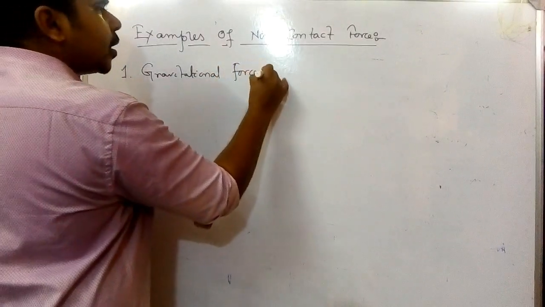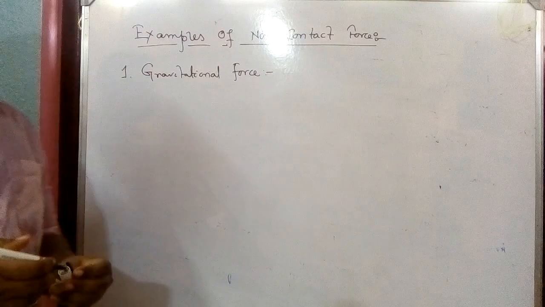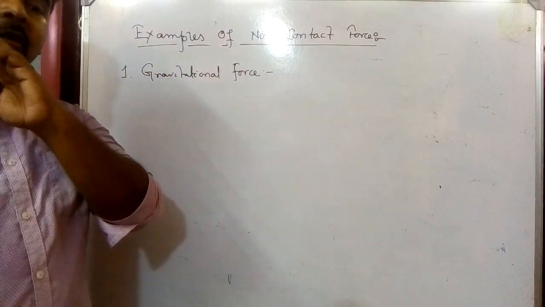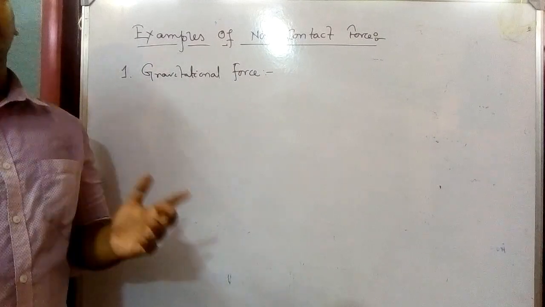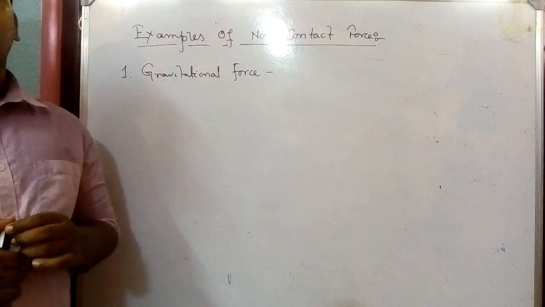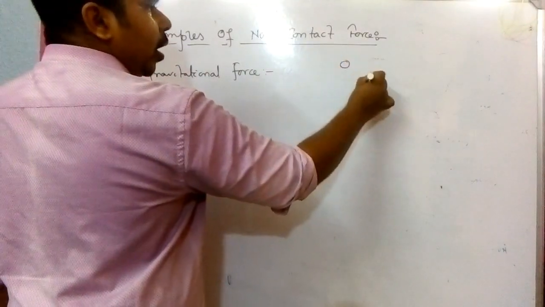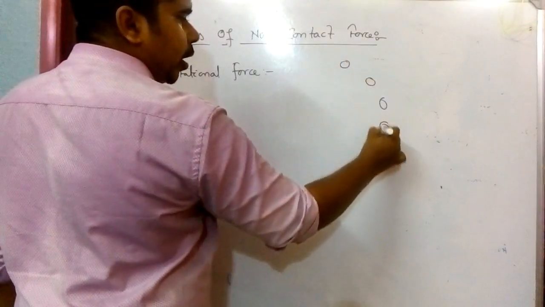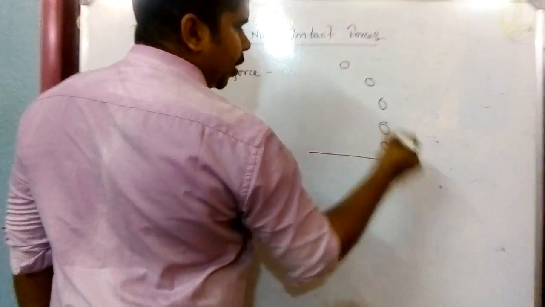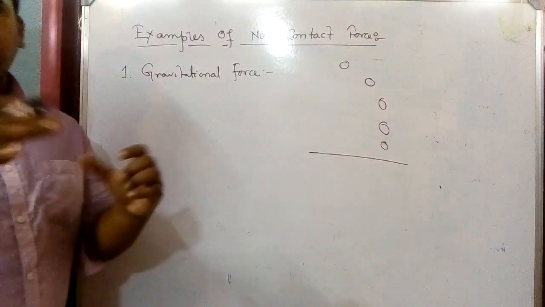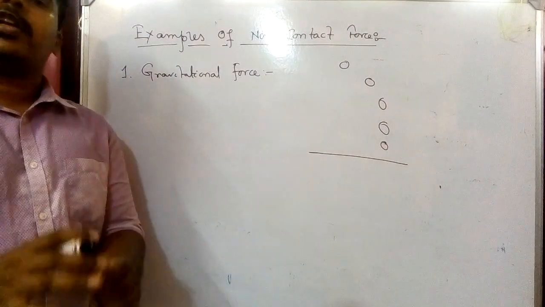When it comes to our mind, we think about Sir Isaac Newton and the force applied by Earth towards us. That is known as gravitational force. A simple example: if I throw a ball at a height, the ball will fall down to the ground. That means Earth attracts everything over its surface.